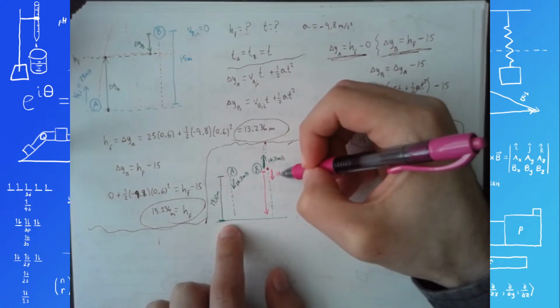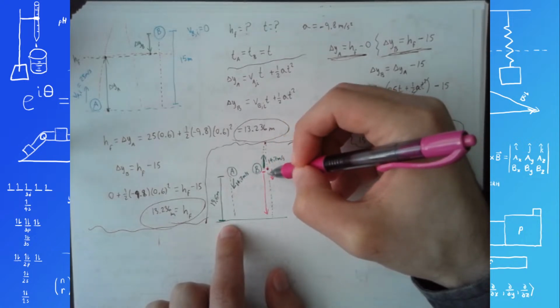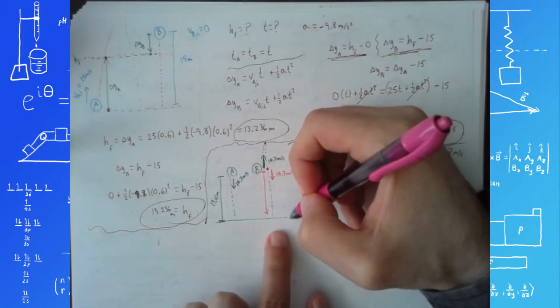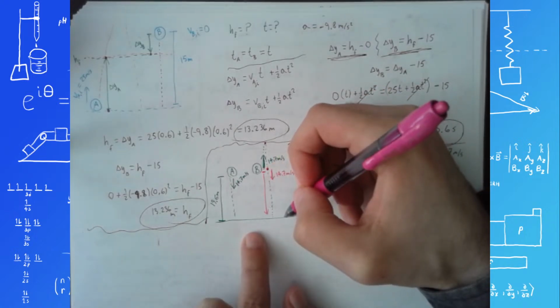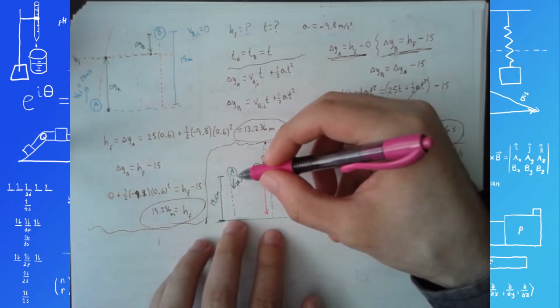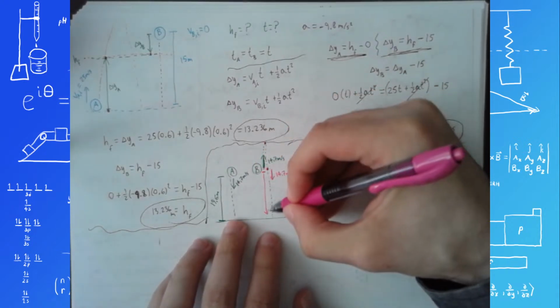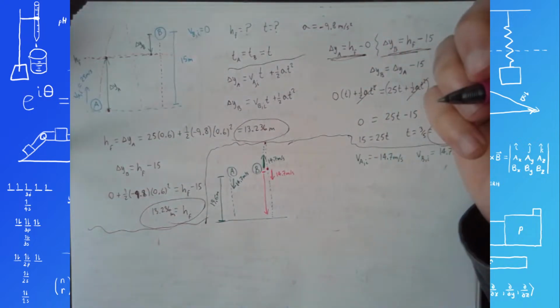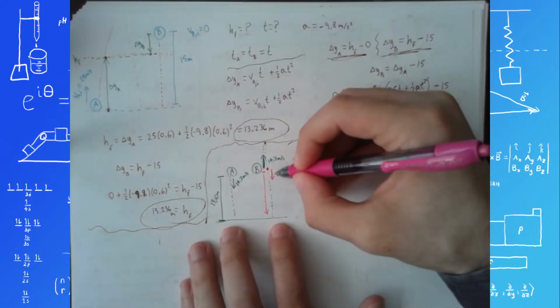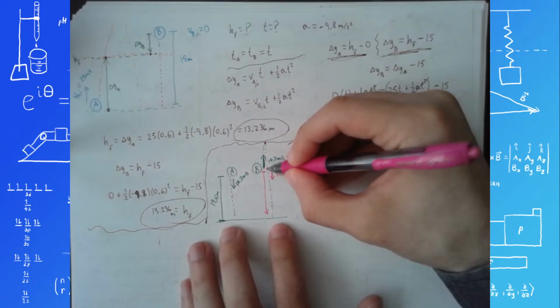Same velocity at this height. It's dropping by the same amount. It's dropping 19.6 meters, and it's dropping under the same acceleration as ball A from this point onward, which means the same amount of time should pass from here.